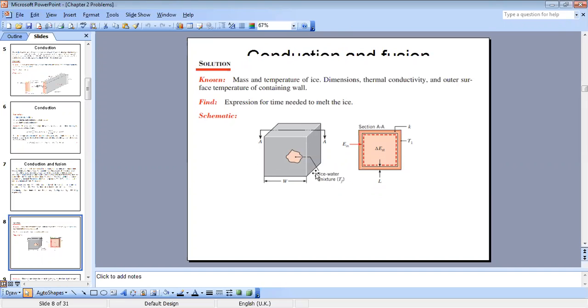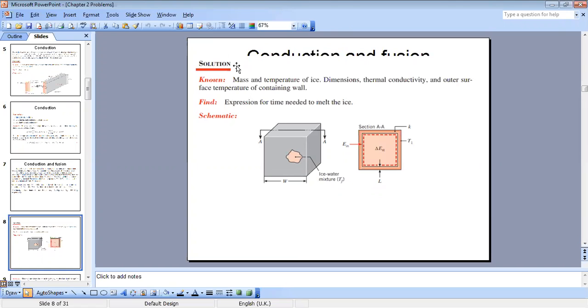This cube is of length W for each side, and it is characterized by a certain thickness. We are exposing the outer surface of the cube to a temperature of 30 degrees in order to transfer heat to the inner side of the cube and to melt the ice.